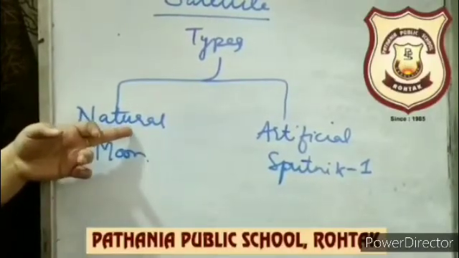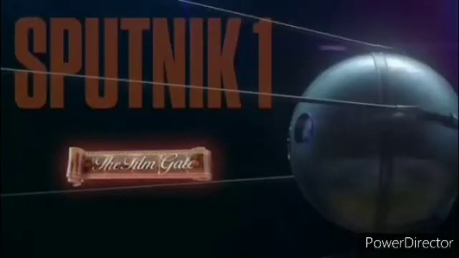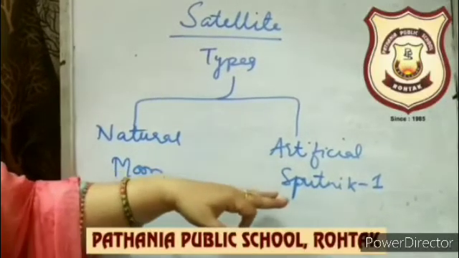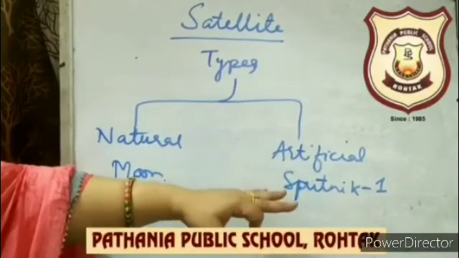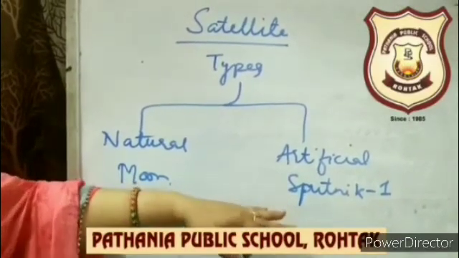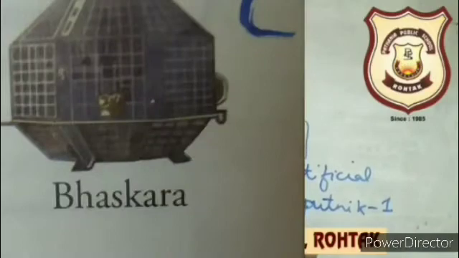An example of a natural satellite is the moon. Artificial satellites are Sputnik 1, the first man-made satellite, launched by the USSR. Aryabhata was the first satellite launched by India, and some other Indian satellites are INSAT-1A, Rohini and Bhaskara.